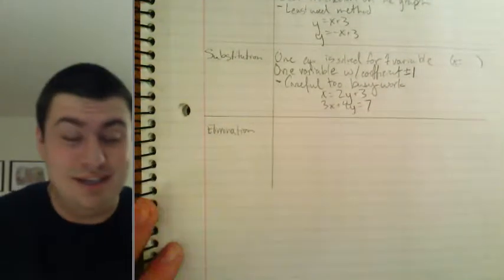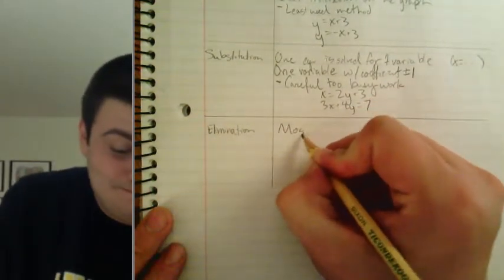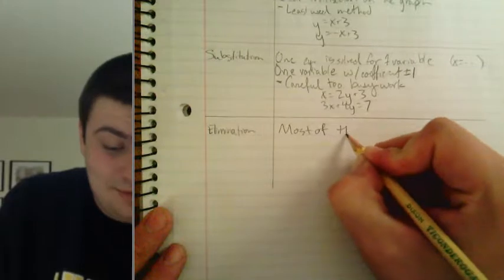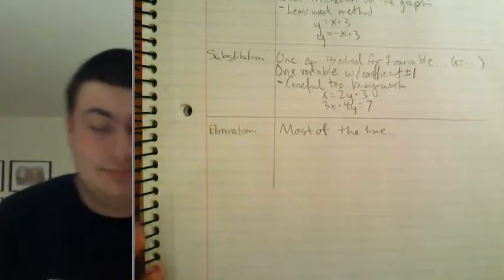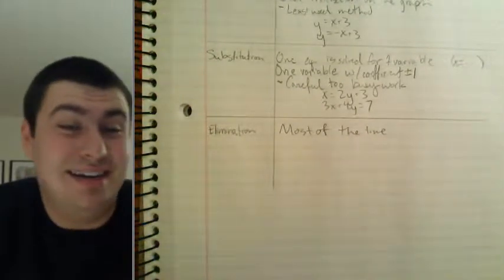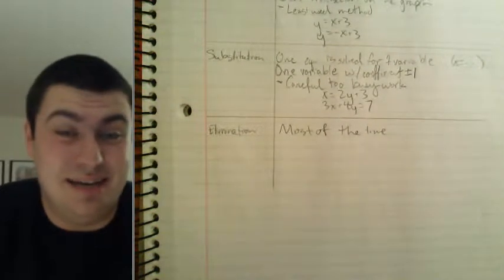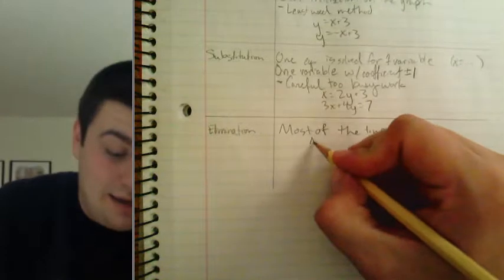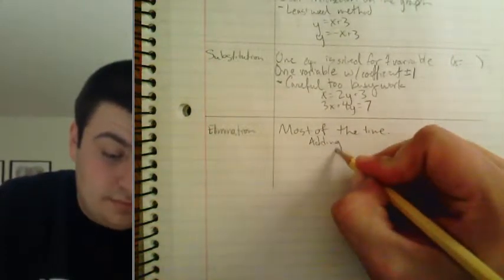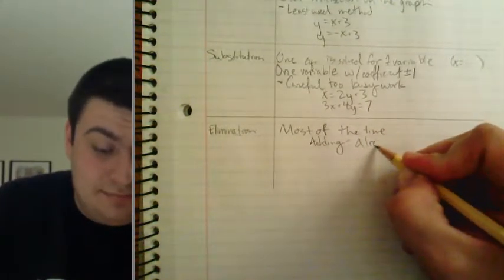Elimination, when are we going to use elimination? Quite frankly, most of the time. Elimination is really the surefire way that you're going to be able to solve these systems of equations at any time. Be careful when we're adding that it's already opposite.